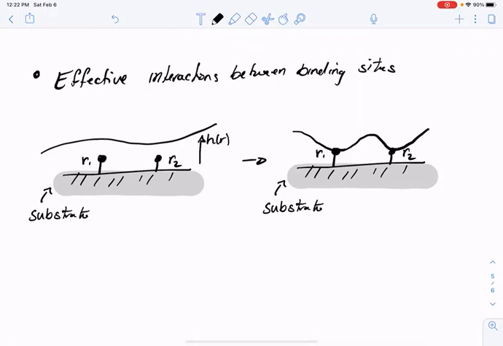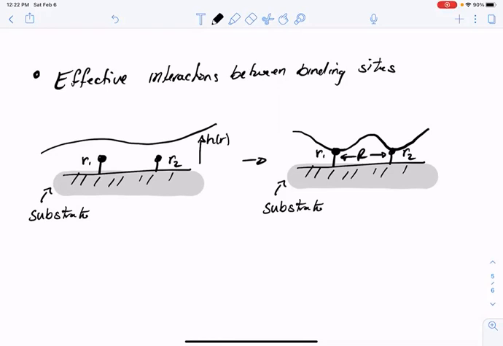If bound, the height is therefore pinned at a specific location, the location of that binding site, with a height specified by how tall those linkers are. Let's call the instantaneous separation distance between linker 1 and linker 2, capital R.